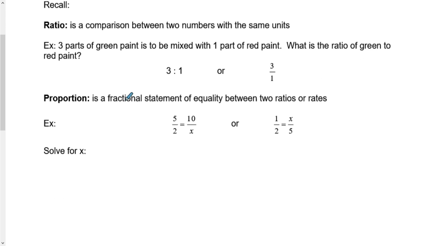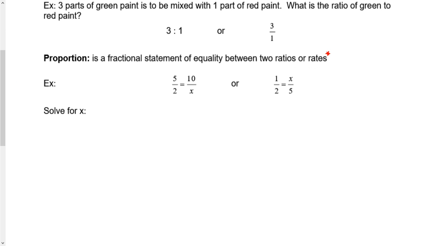A proportion is a fractional statement of equality between two ratios or rates. Now, I'm just going to start this rate bit because that's something we'll talk about a lot later on. So 5/2 equals 10/x. Of course, there are multiple ways to do this, but the easiest way is cross multiplication and division.